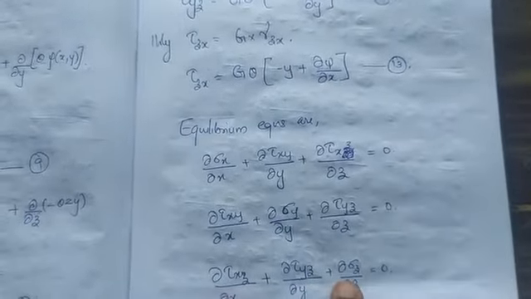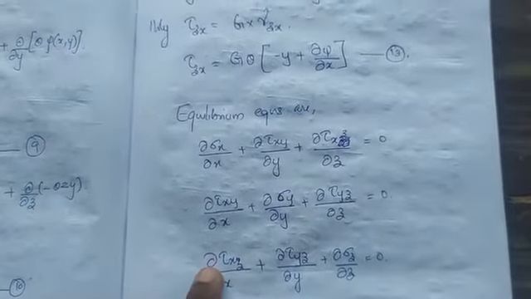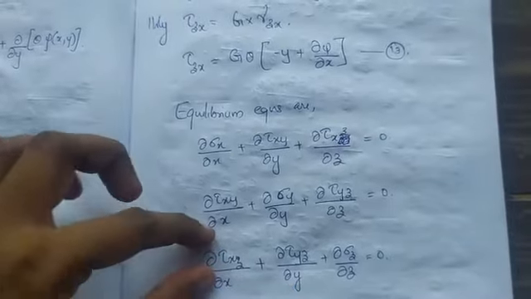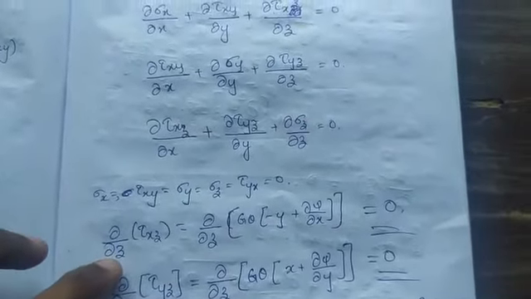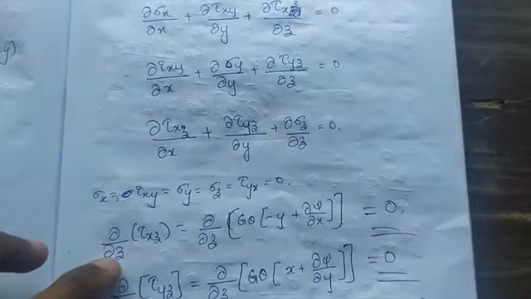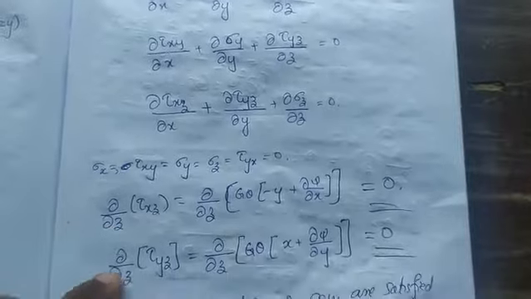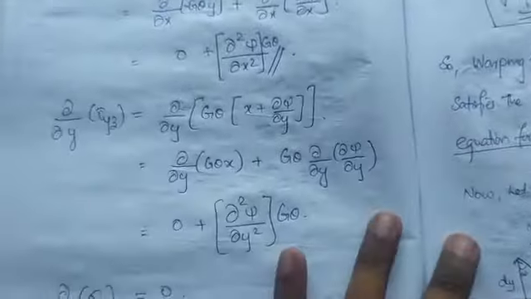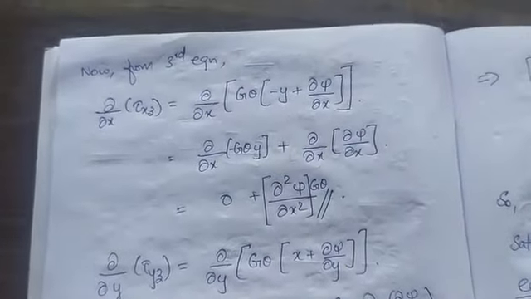Now dou sigma z by dou z becomes 0. But you have terms regarding these two. I have explained this, the first two equations are satisfied, the whole term becomes 0.